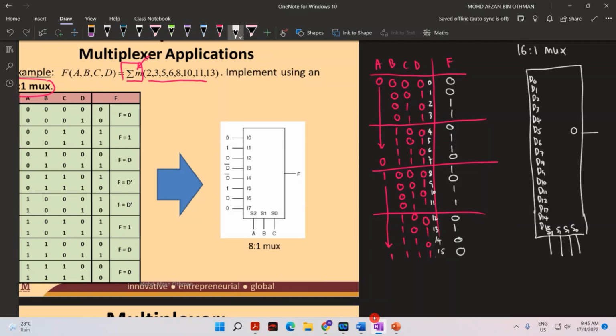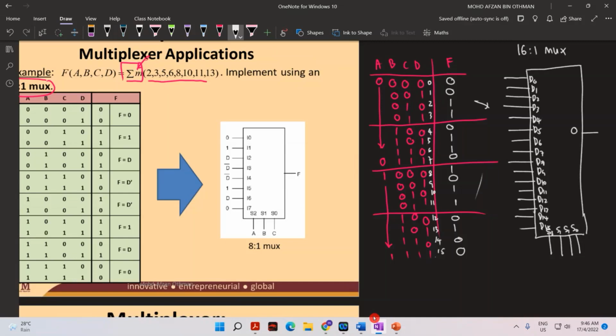Okay, so now we're going to do a wiring. Multiplexer is all about wiring. Based on this truth table here, kita nak buat wiring dekat kita punya 16 to 1 mux.